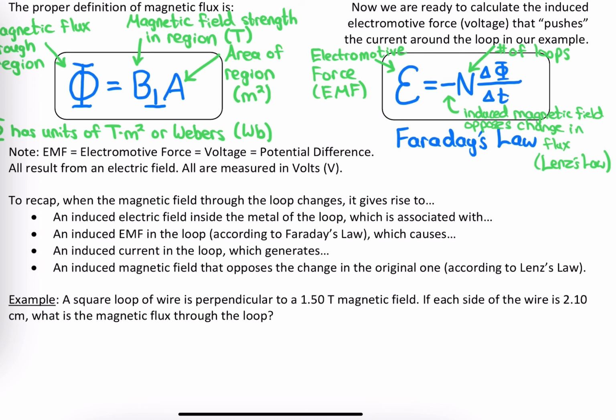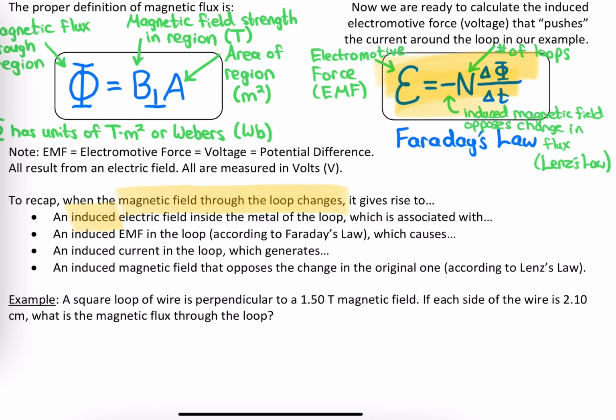So, to recap all of this, when the magnetic field through that loop changes, it gives rise to an induced electric field inside the metal of the loop. And that induced electric field is associated with an induced EMF in the loop. And that's what Faraday's law tells us. It tells us what that EMF will be.